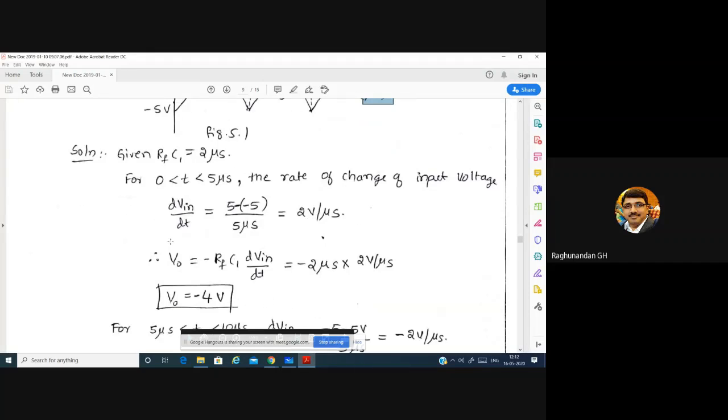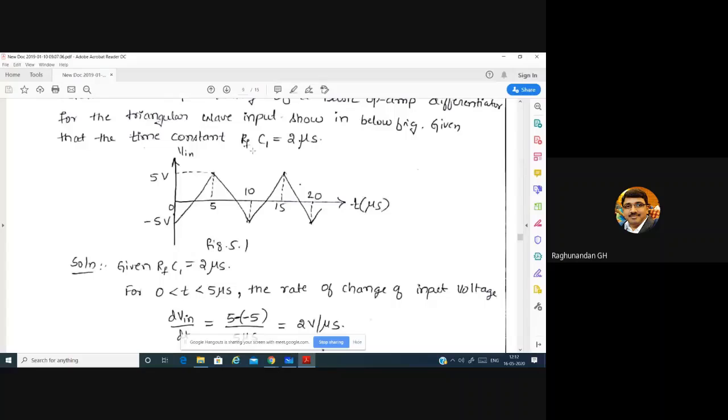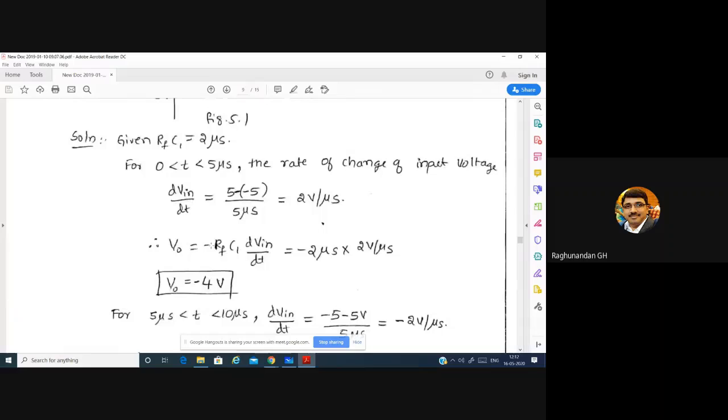And we have our original formula for a differentiator, V naught is equal to minus RfC1 into dVin by dt. And RFC is the time constant, which is already mentioned in the question, RFC1, it is 2 microsecond. So RFC1 is minus 2 microsecond, dVin by dt we calculated here, that is 2 volt per microsecond.